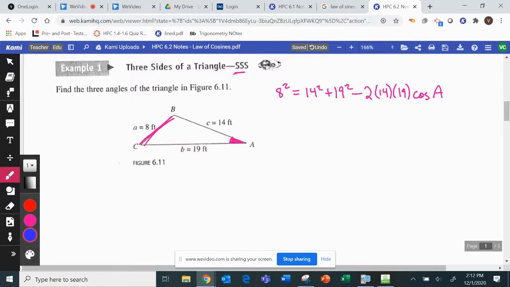So I'm going to get cosine A by itself by undoing the 14 squared and the 19 squared. So I'm going to have 8 squared minus 14 squared minus 19 squared equals negative 2 times 14 times 19 cosine A. And then to undo the rest of it, we have to divide by it.